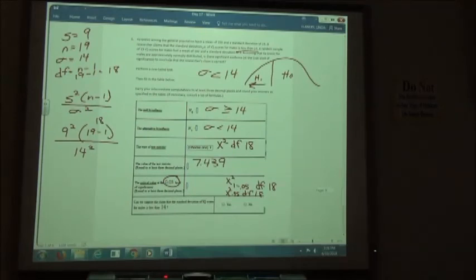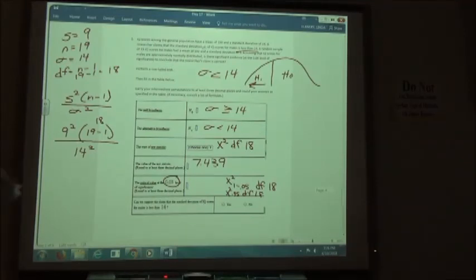See the chi-squared sub on there? It's that one right there. And you can either just put in the 0.95 or 1 minus 0.05. And my degree of freedom is 18.